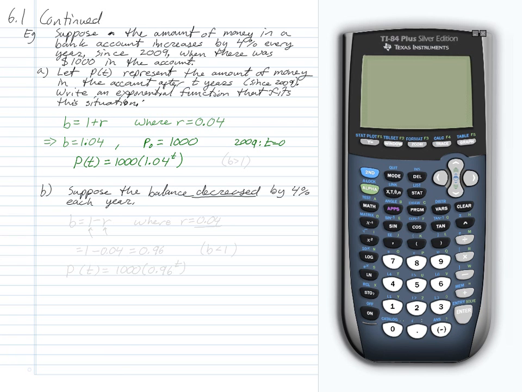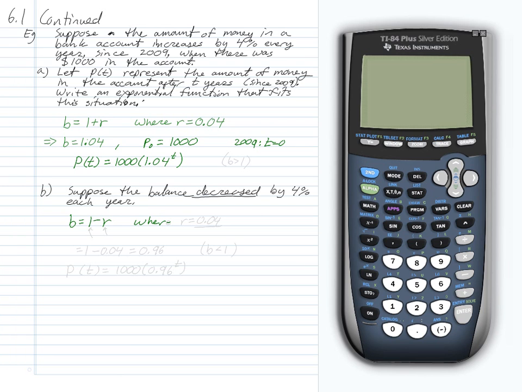Alright, so that is our setup when we are given the rate of increase. Now, if this were a rate of decrease, then our decay factor is going to look a little bit different. If we have a rate of decrease, if we're losing money, then b is 1 minus r.